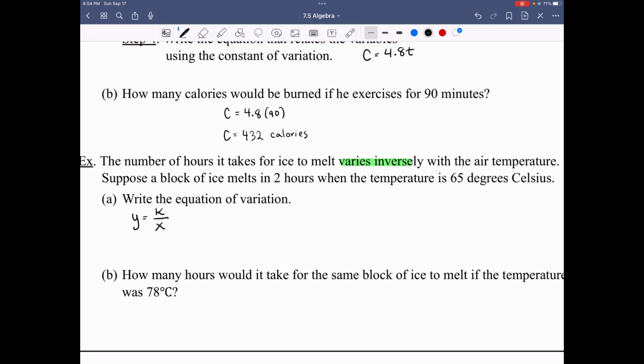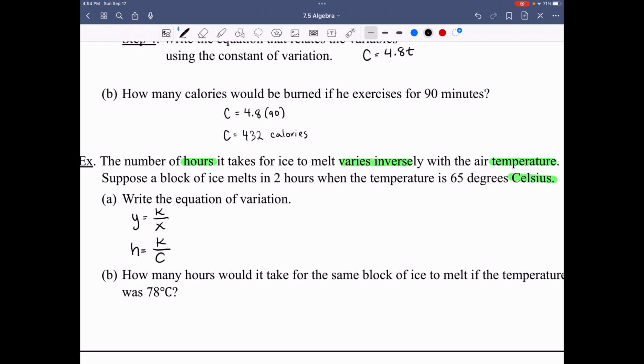Then we can change that into, well, what are our variables? We have hours and temperature. And we don't want to use time and temperature because that would be confusing. So we could use hours in Celsius. All right, so the number of hours is equal to whatever the constant of proportionality is over the degrees Celsius.